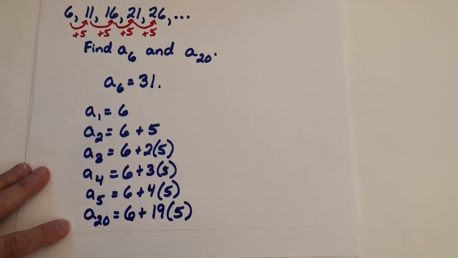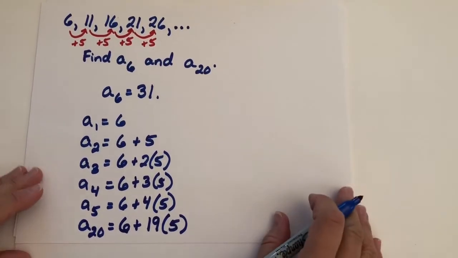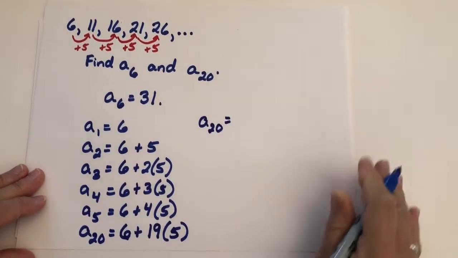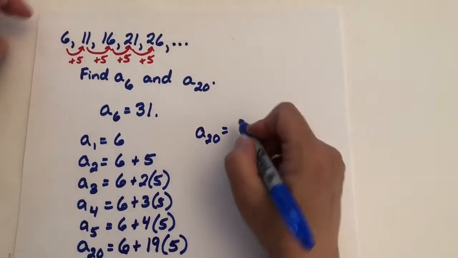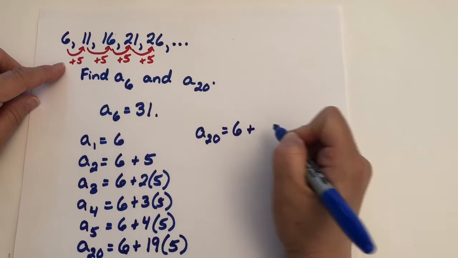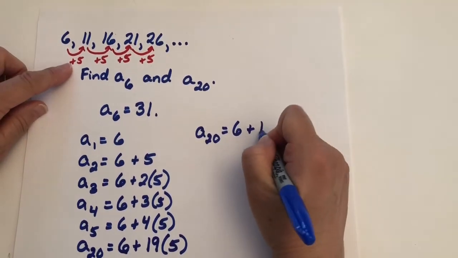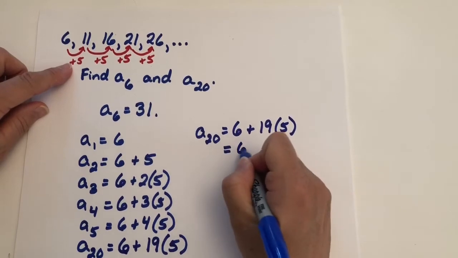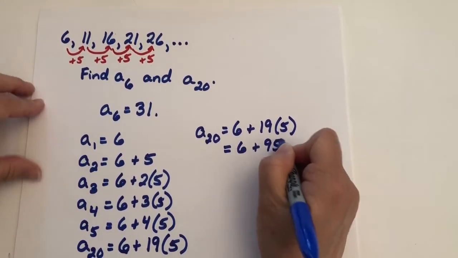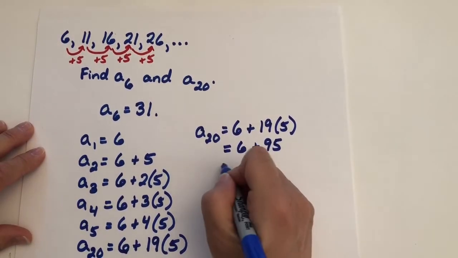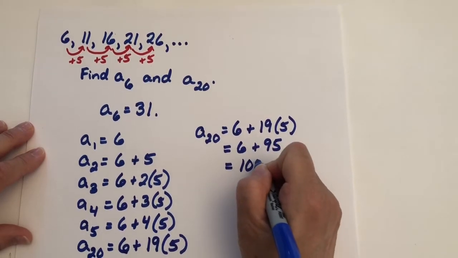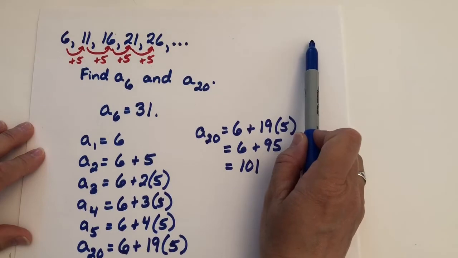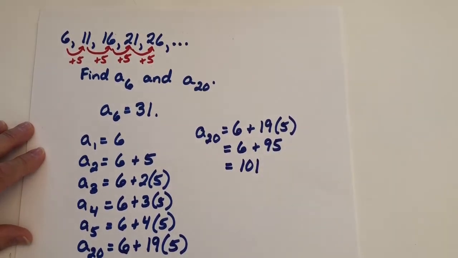And we could do the arithmetic there. So the 20th term is obtained by starting with the first term and adding in our common difference 19 times. So we have 95, or 95 plus 6, or 101. So the 20th term in this sequence, way over here, would be 101.